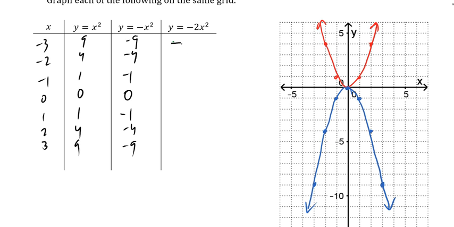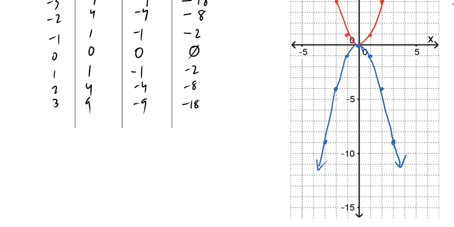And instead of 9, it'll be 9 times 2, which is 18. Instead of 4, 4 times 2, which is 8. Instead of 1, 1 times 2, which is 2. 0 doesn't move. And then -2, -8, -18. So for this one, I went over 1, down 2.